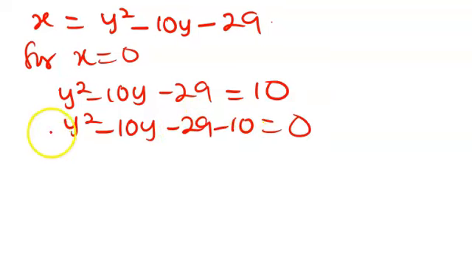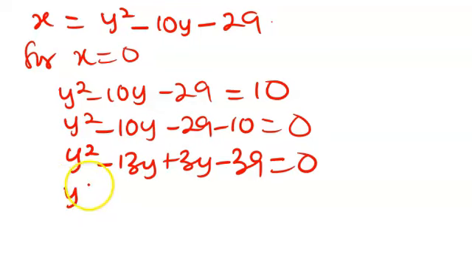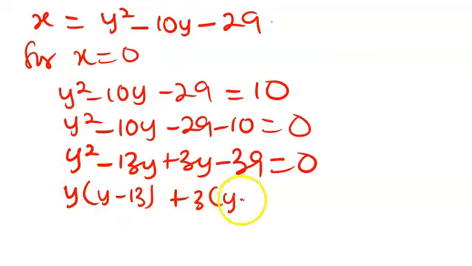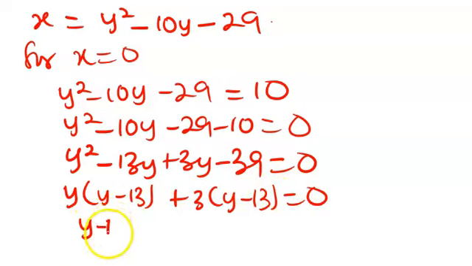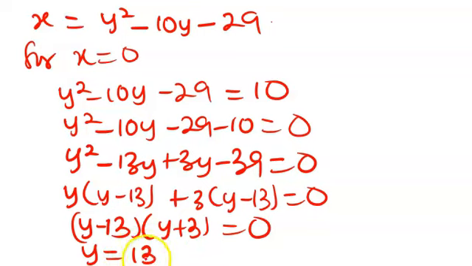Okay, so we have y squared minus 13y plus 3y minus 39 is equal to 0. So y bracket y minus 13 plus 3 bracket y minus 13 is equal to 0. So we have y minus 13 and then y plus 3 is equal to 0. So we have y is equal to 13 or minus 3.